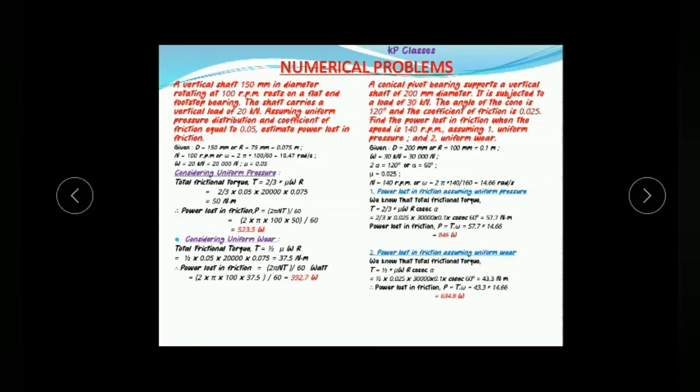By putting the corresponding values, the torque becomes half into 0.025 into 30,000 into 0.1 into cosec 60 degree, which becomes 43.3 Newton meter. Then power lost in friction equal to T into omega equal to 43.3 into 14.66, which becomes 633.8 watt.